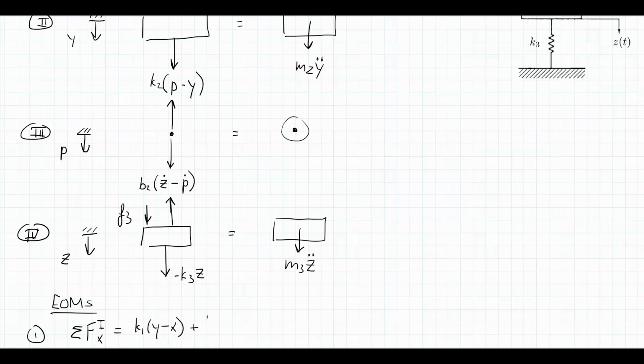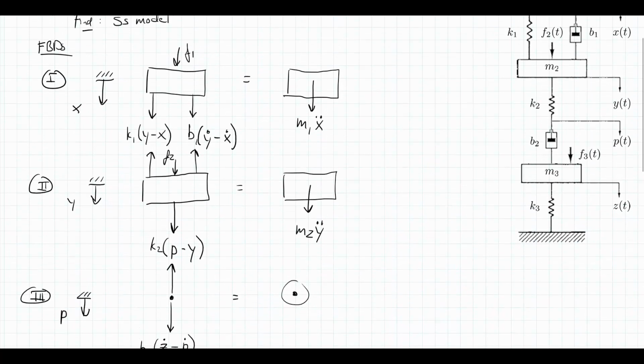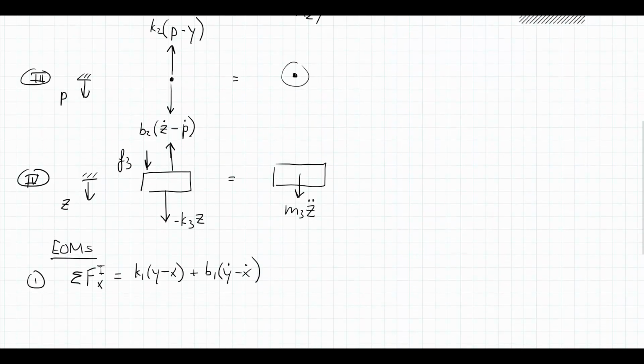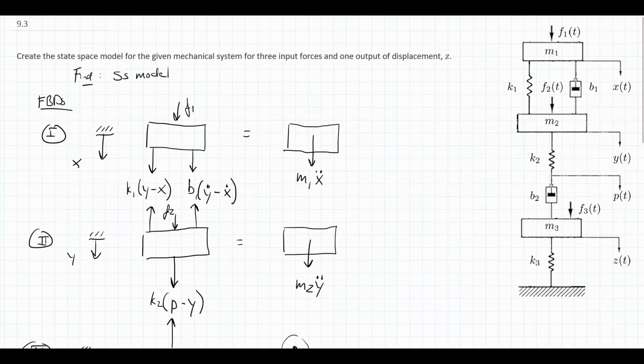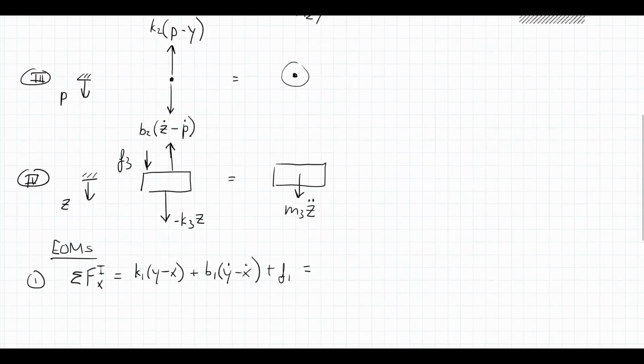Also pointing down, we have B1 (y dot minus x dot). Scroll back up and see that. So again, B1, that arrow is down along the x direction, so that quantity is positive. And then also down with the x direction is F1. So plus F1. So 3 forces equals our inertia. So here, M1 x double dot. That first equation of motion done.